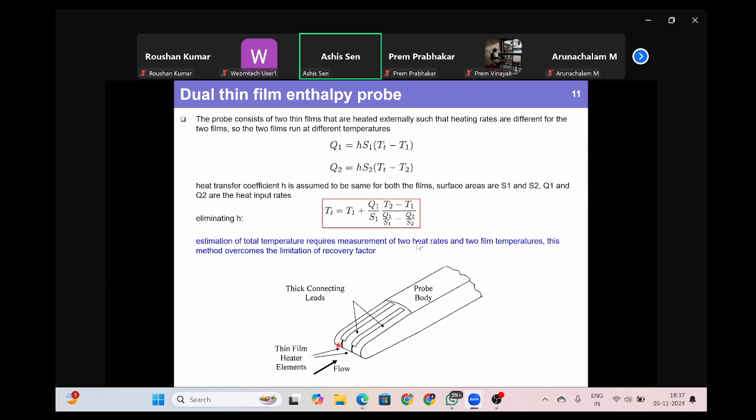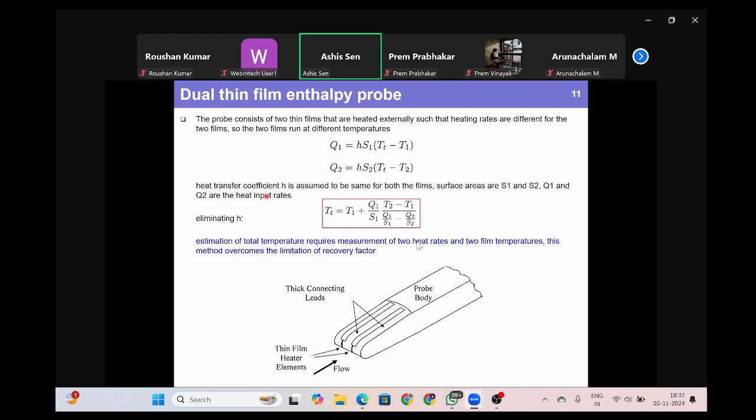That means there is some heat transfer between the stagnation point and the film itself, right? That heat transfer is given as h times the surface area times the stagnation temperature minus the temperature of the first thin film meter. Similarly, there is some heat transfer to the second thin film heater from the stagnation point, h times S2 times Tt minus T2.